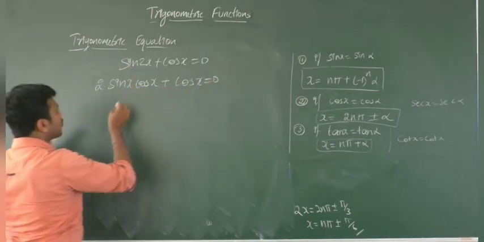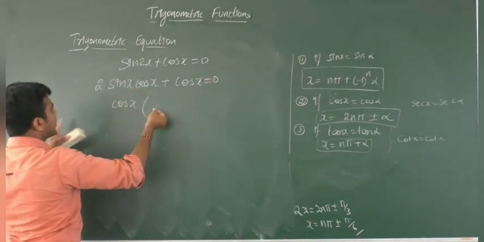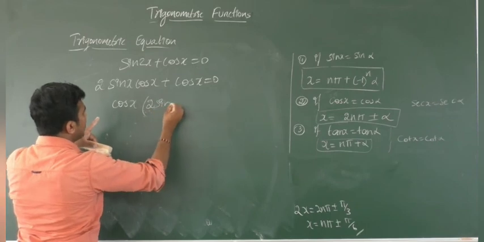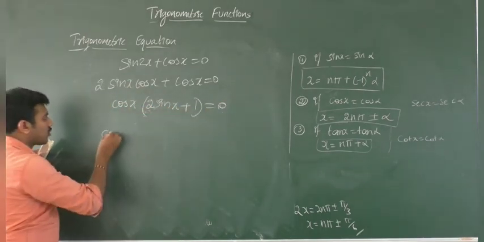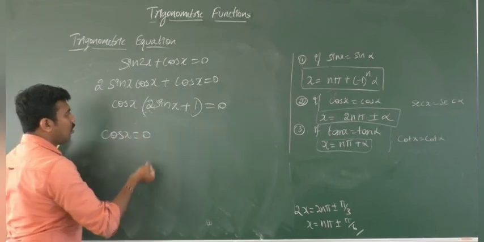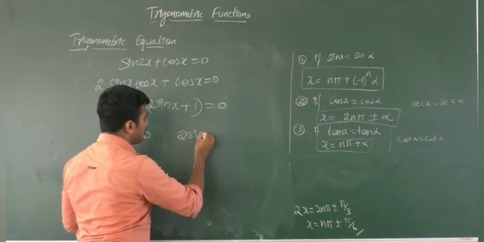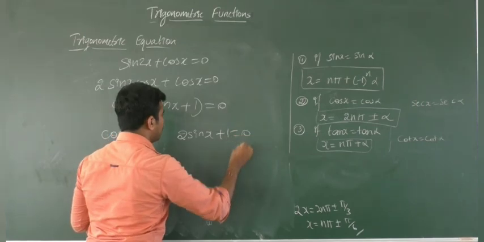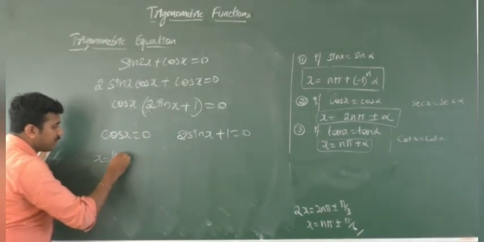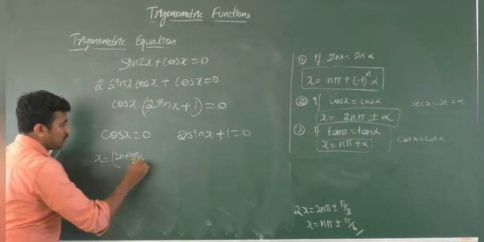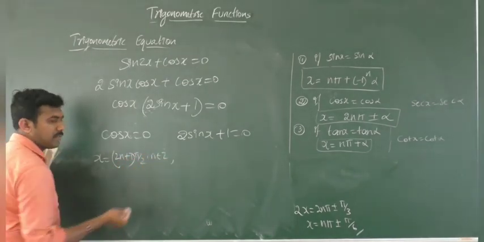Take cos x common, and we get cos x into 2 sin x plus 1 is equal to 0. So either cos x is equal to 0 or 2 sin x plus 1 is equal to 0. Cos x is equal to 0 means x is an odd integral multiple of pi by 2.